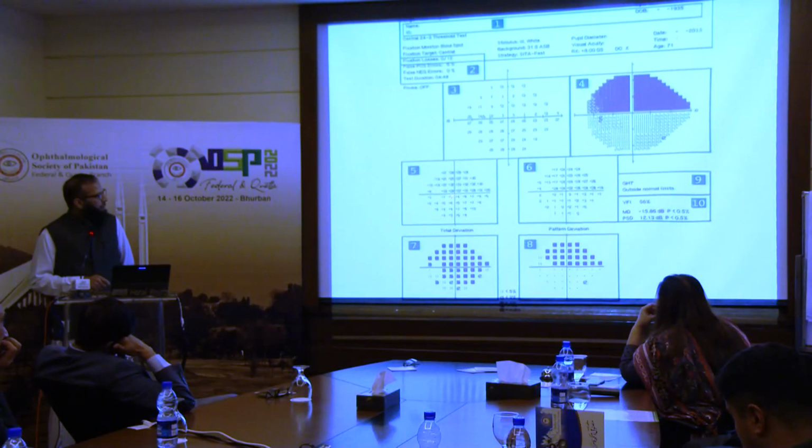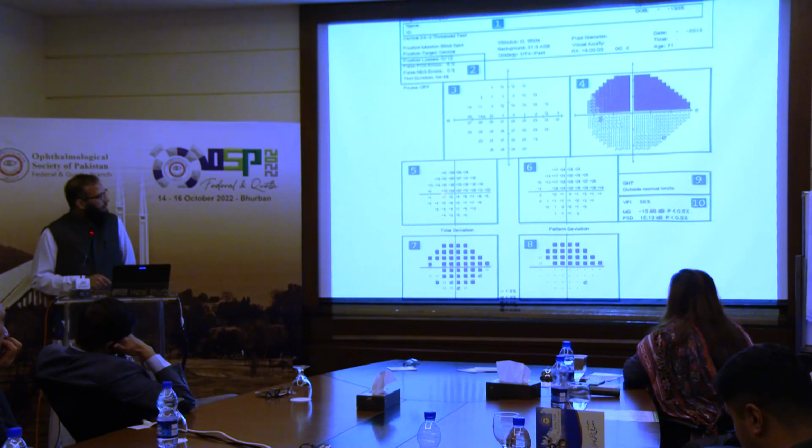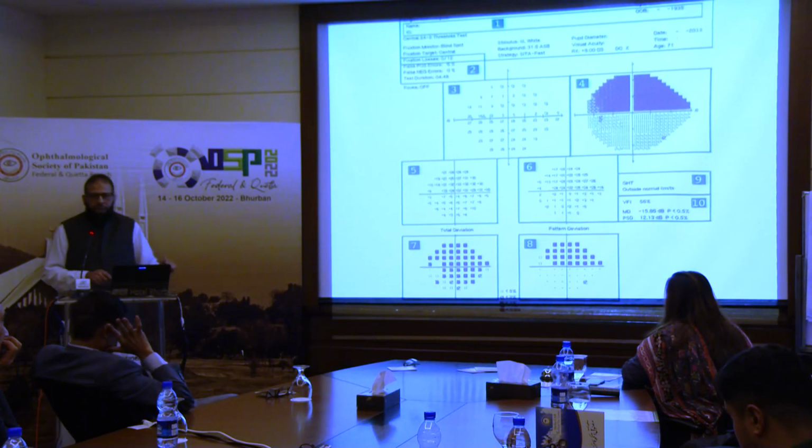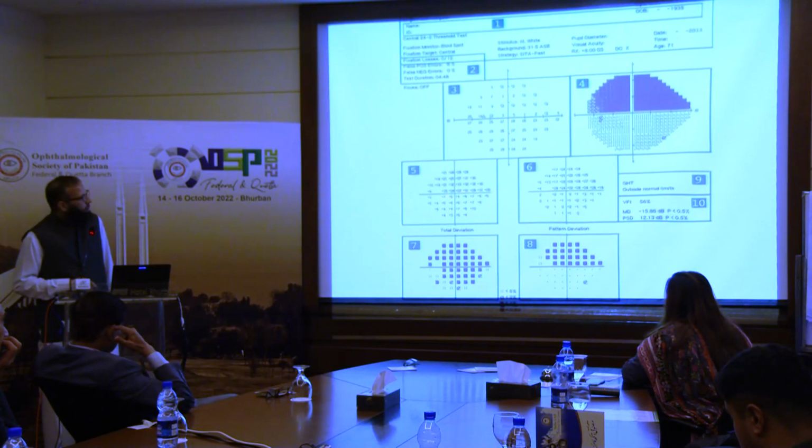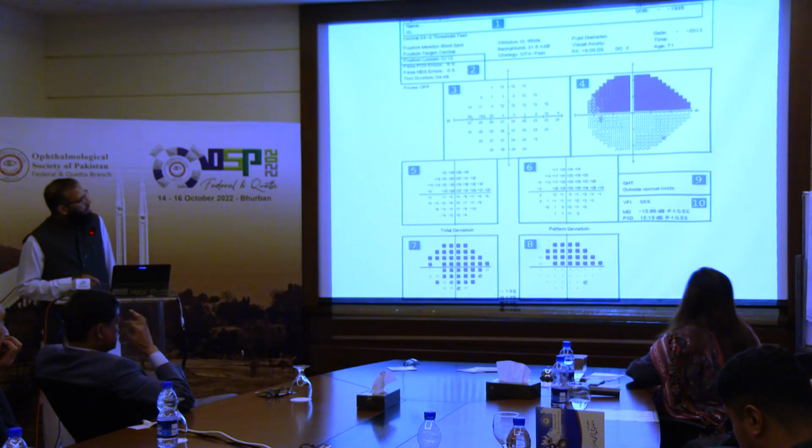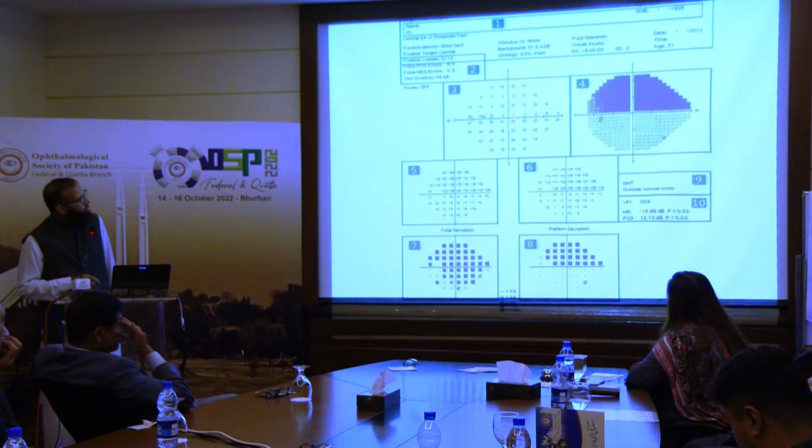So what does this mean? Here we can see there are minus 21, minus 28. Each point shows how much the corresponding point is elevated or reduced from its age-matched normative database. So here we can see it is minus 27, I think, and here the sensitivity recorded was 5 decibels.